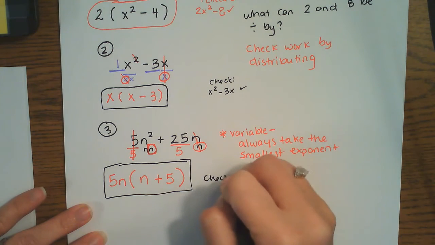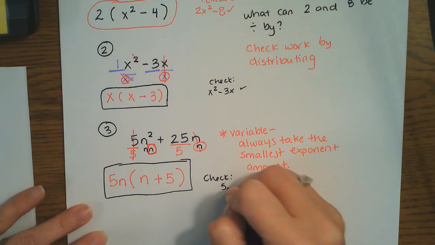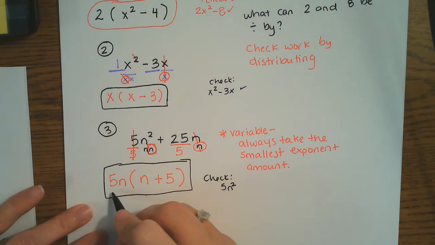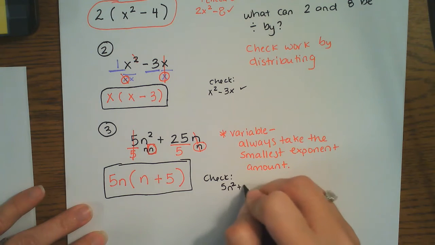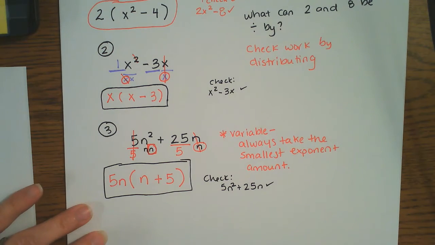So to check your work, we're going to say 5n times n, that's 5n squared. 5n times 5 is 25n. So I feel good about that.